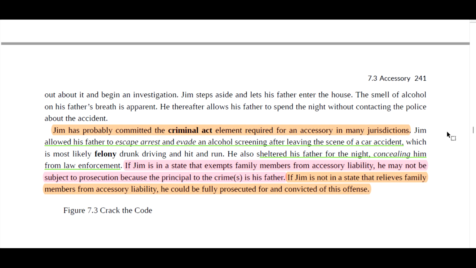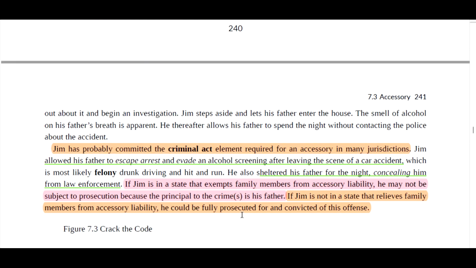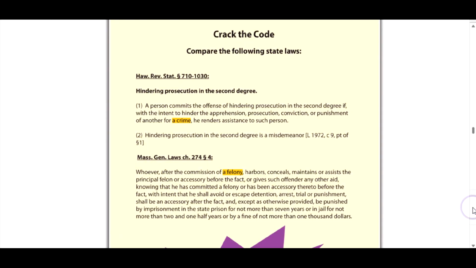If he's not in a state that relieves family members from accessory liability, he could be fully prosecuted for and convicted of this offense. So this is what I mean. If you're in a place that allows this kind of exempt status, then yeah, he's okay. But in general, it hits. All right.